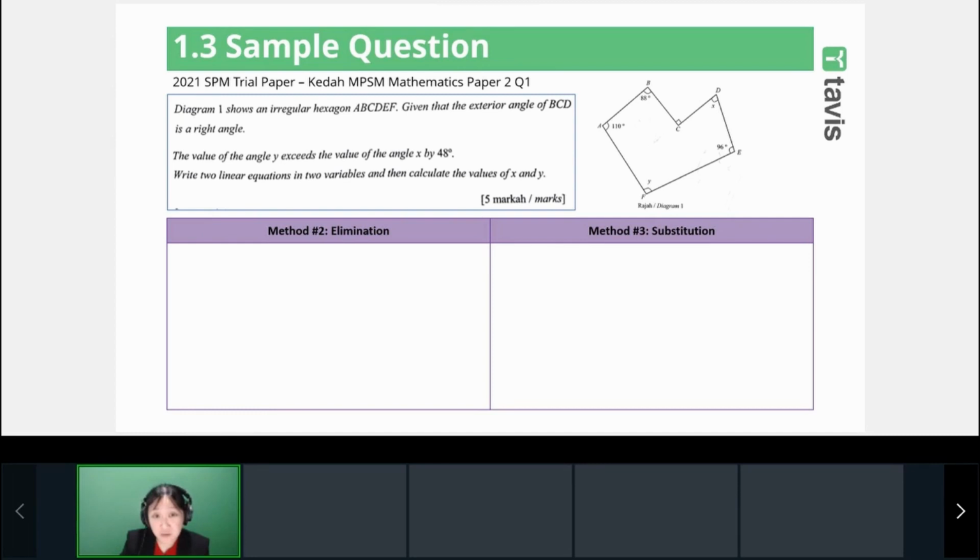So guys, if you feel like, oh, Jill, can you slow down a bit, I need to take a photo or print screen, just type it in the chat box. Let me know. No need to be shy. 17 years old, not 7 years old. I think 7 years old sometimes is less shy compared to 17 years old. Okay, you read the question first. Let me copy the question.